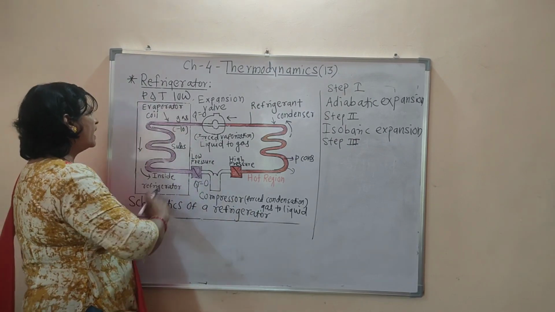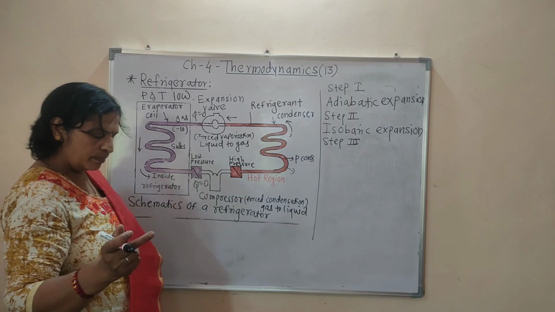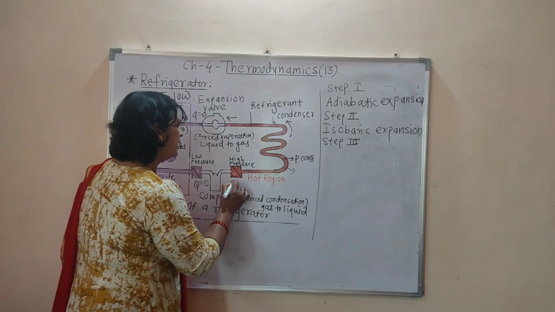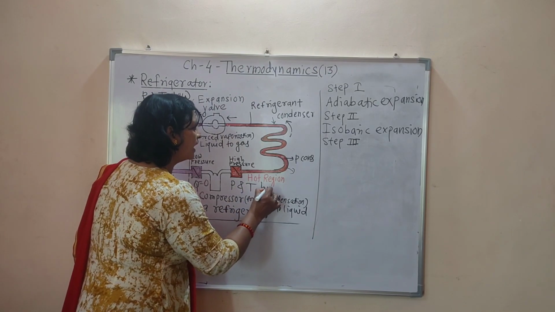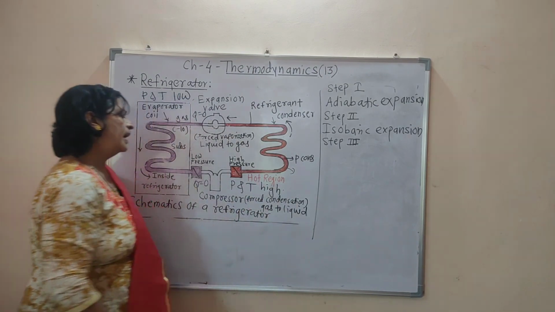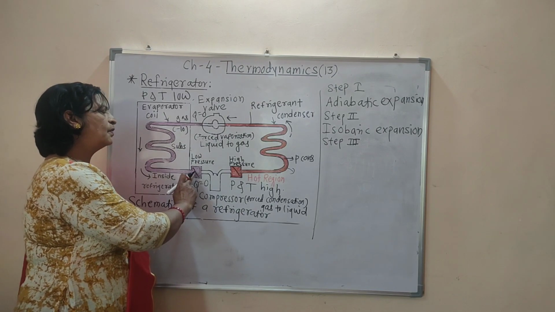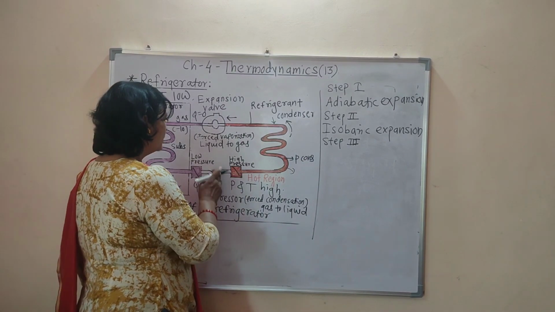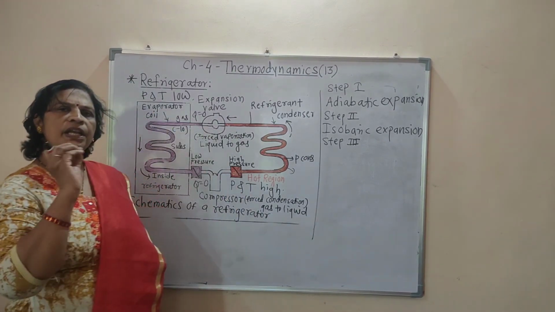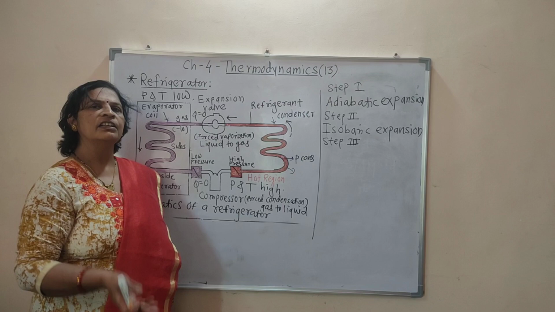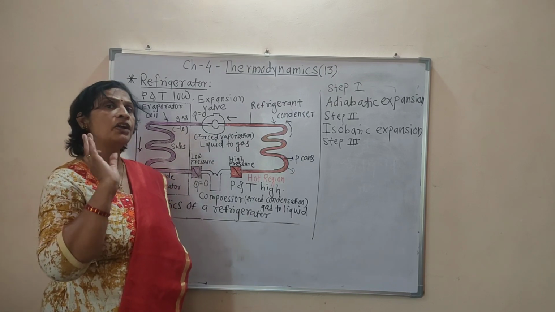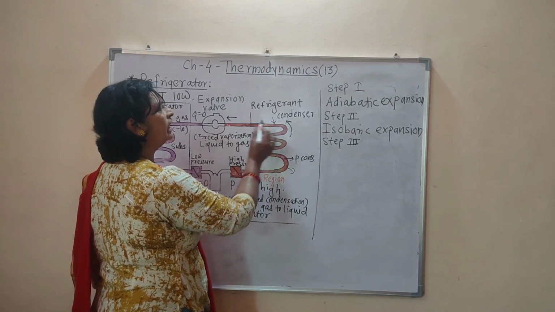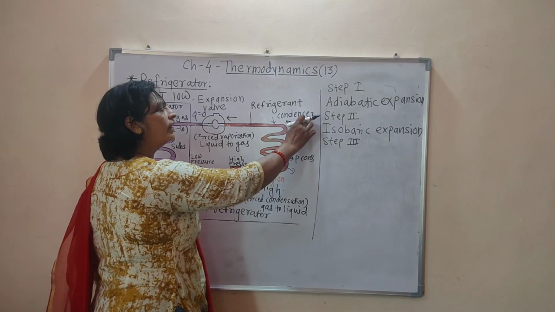Means in the inner part pressure and temperature are low, but when that gas is compressed, its pressure and temperature become high, and the gaseous form turns into the liquid form. The compressor is a very important part of the refrigerator, we can say it is the heart of the fridge. Okay, and this coil is the hot coil, also called the condenser.